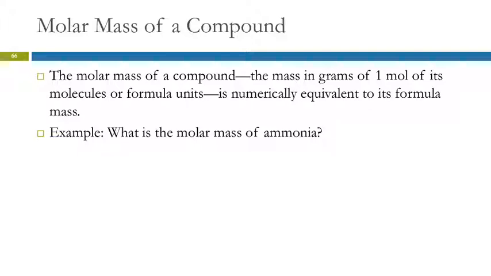So what's the molar mass of ammonia? Well, what's the formula for ammonia? NH3. So we've got 1 nitrogen. We have 1 mole of nitrogen. So how much does 1 mole of nitrogen weigh? What's the unit?